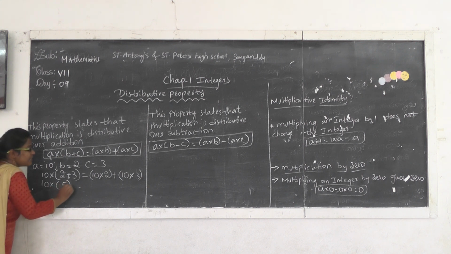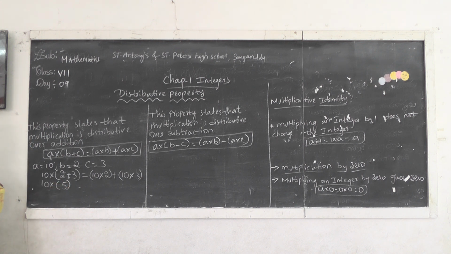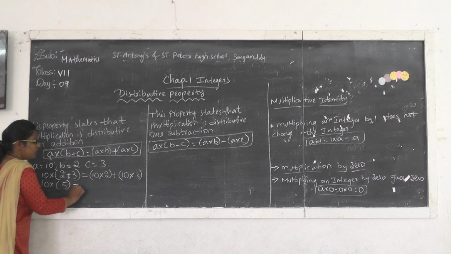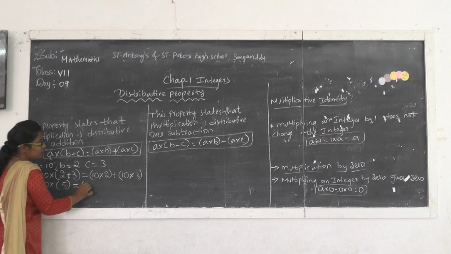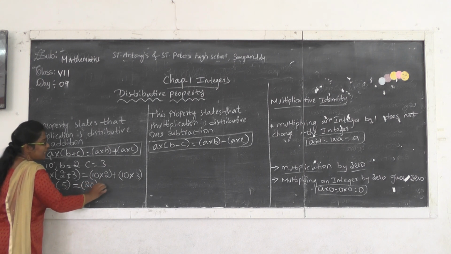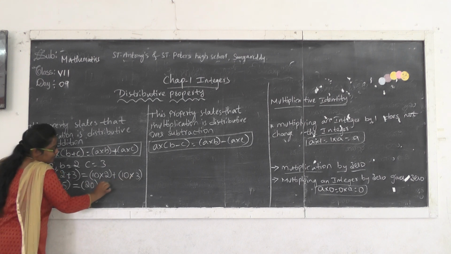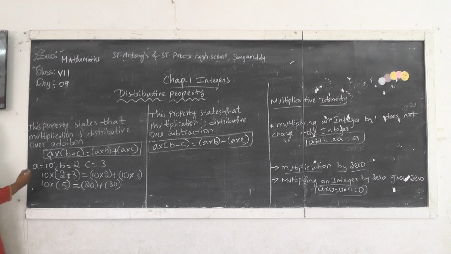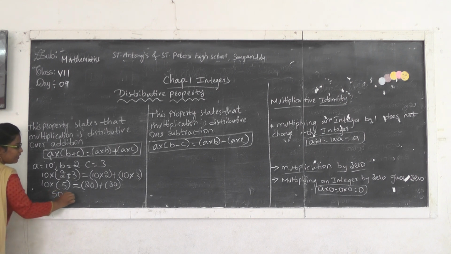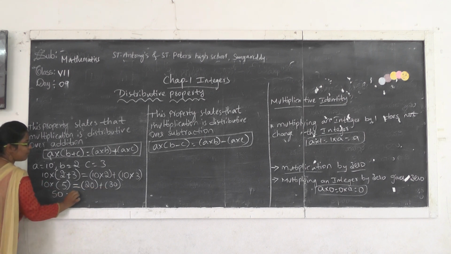Equal to, now first simplify the first bracket. 10 2s are 20 plus 10 3s are 30. Next step, we have to simplify the terms. 10 5s are 50. 20 plus 30 is 50.